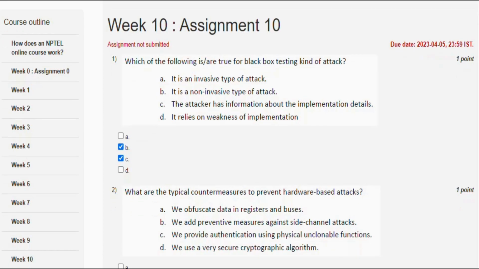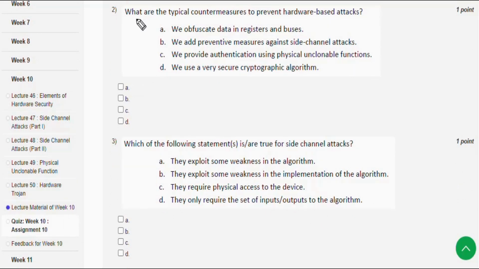Now moving into the next question, question number 2. What are the countermeasures to prevent hardware based attacks? Options are: A. We obfuscate data in registers and buses. B. We add preventive measures against side channel attacks.